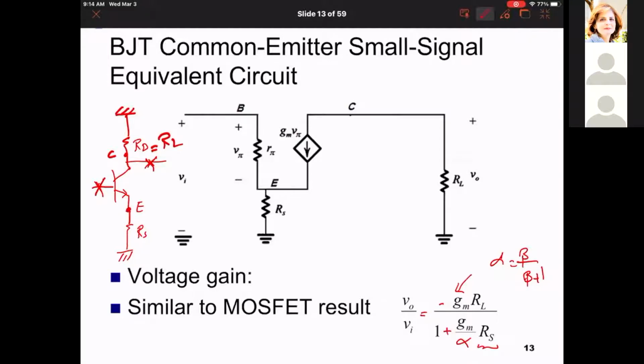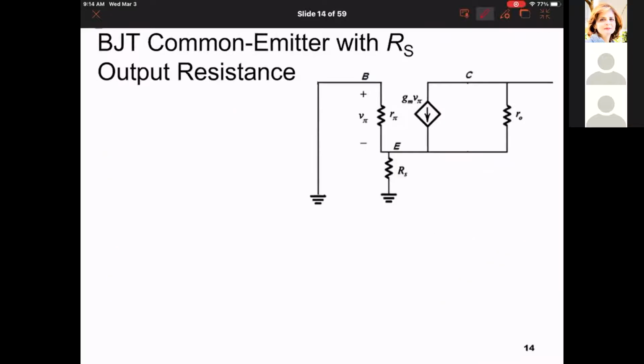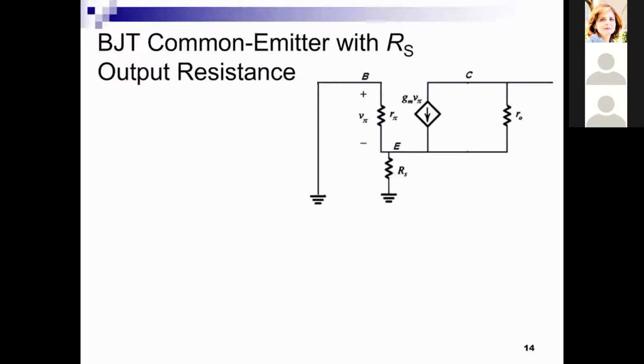But now what we can do is continue to look at the next slide. In the next slide they ask me to find the output resistance of the amplifier. So to look at the output resistance of the BJT, really this is the BJT.